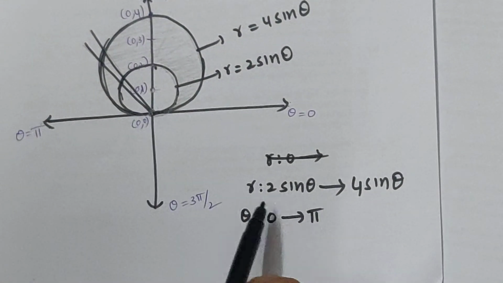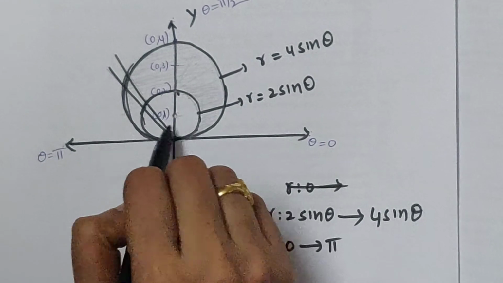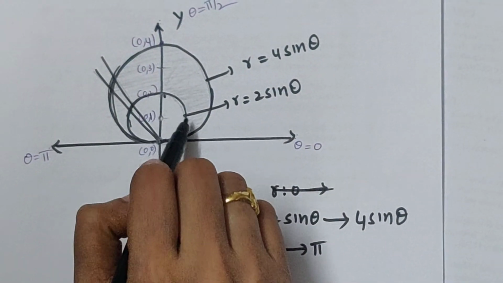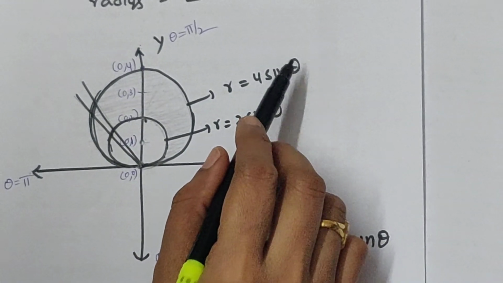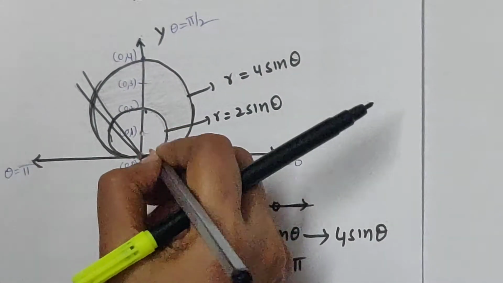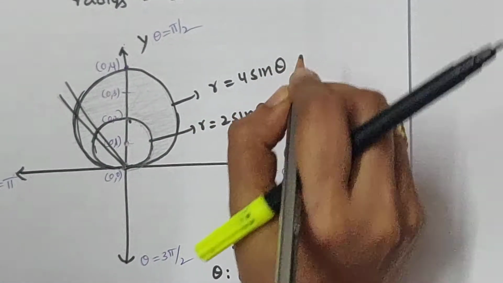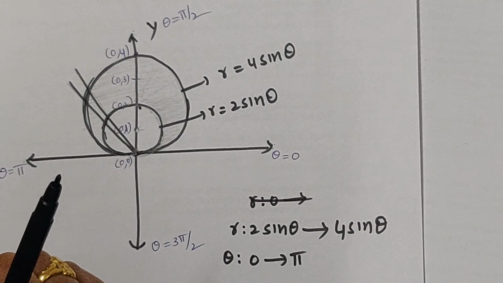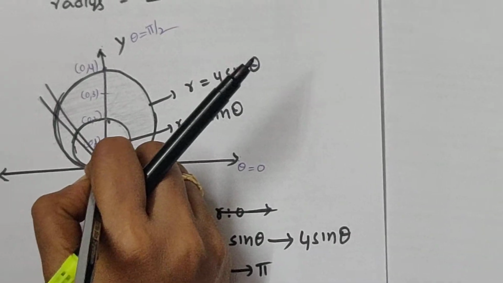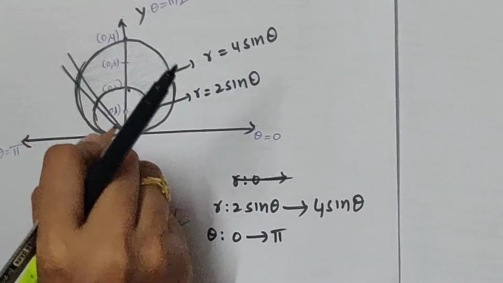Again, I am explaining once more how to take r and theta limits in this shaded region. This shaded region is the region between r equal to 2 sin theta and r equal to 4 sin theta. One boundary is the inner circle with this equation, another boundary is r equal to 4 sin theta. To take the limits, take a radius vector starting from the origin and passing through the region of integration.